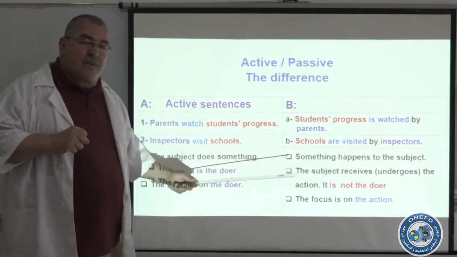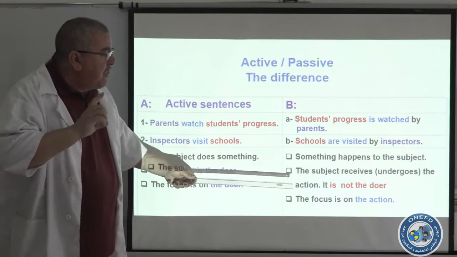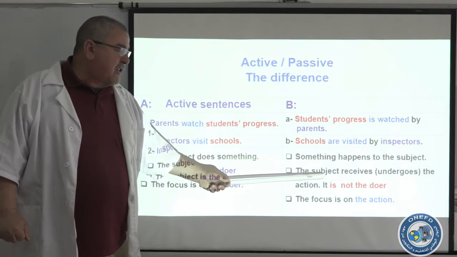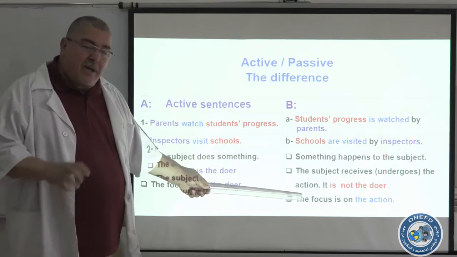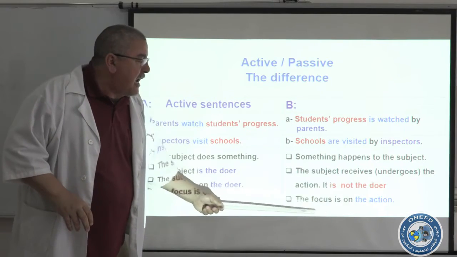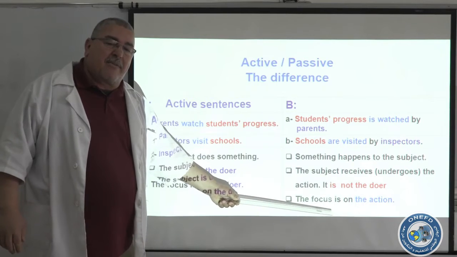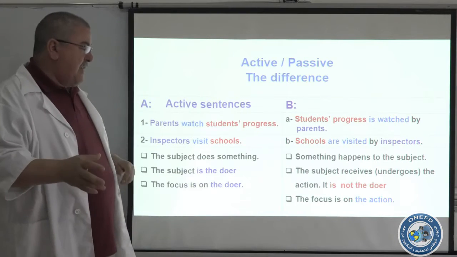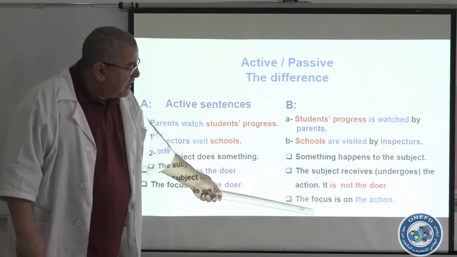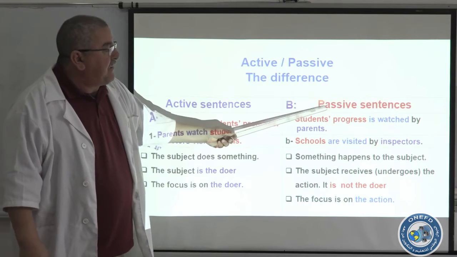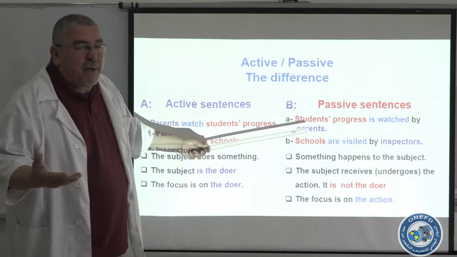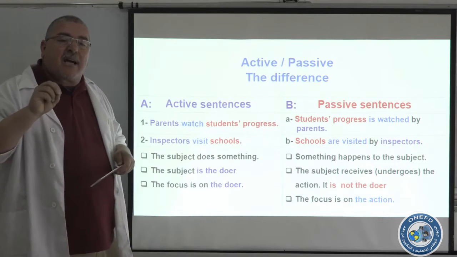He undergoes the action. The subject in this sentence is not the doer of the action. The focus, the attention is on the action. Here, importance is given to the action that happens and not on the subject. This is why we call this type of sentences passive sentences, because the subject, in fact, is passive. The subject receives the action.